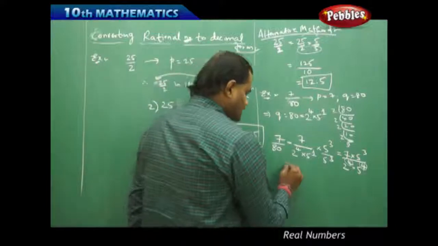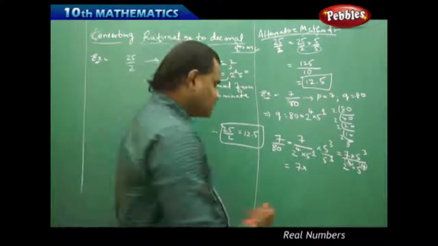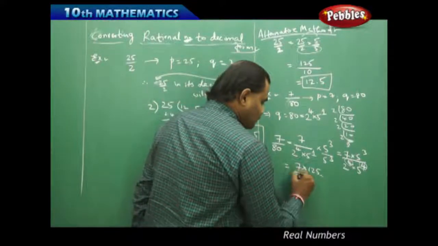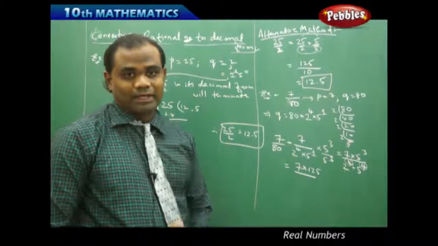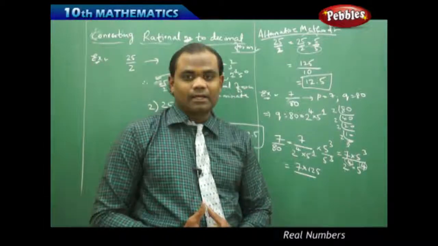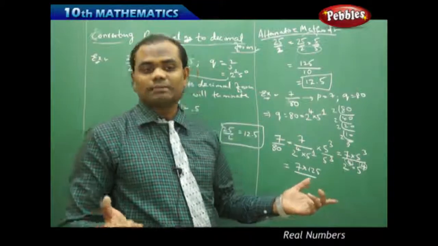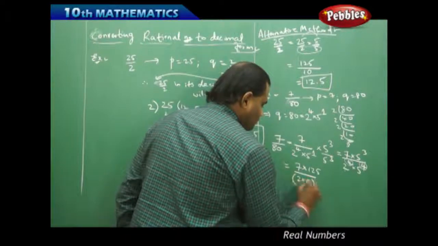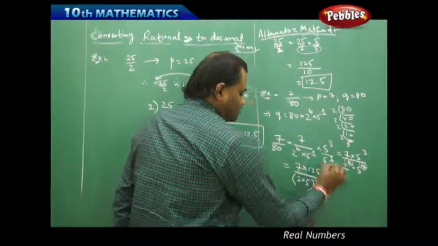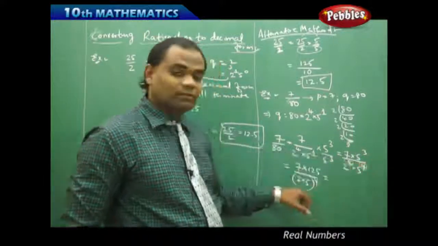Therefore, this would give me 7 times 5 cube, which is 5 5s 25, 25 5s 125, by 2 power 4 into 5 power 4. By using the law of index a power m into b power m is ab whole power m, I get this as 2 times 5 whole power 4. So this is how I get, by using the law of index, 2 times 5 whole power 4.